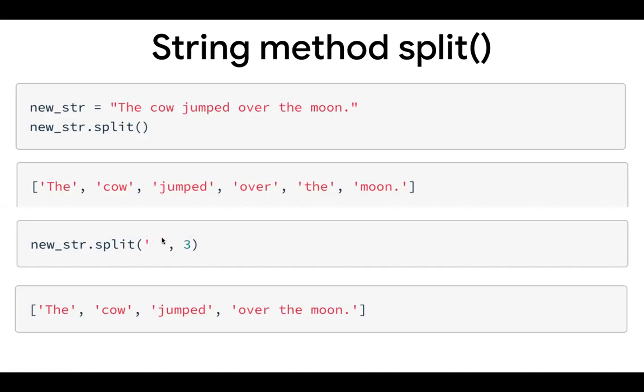And if we specify the separator as the space, then it will separate the string when it encounters this separator, for example, this space. But if we specify how many items we want, then it will stop separating our string when it reaches the 3 items. So we have 3 items.